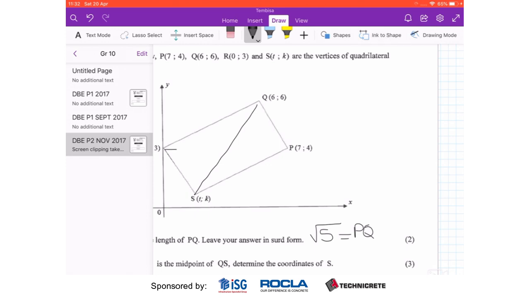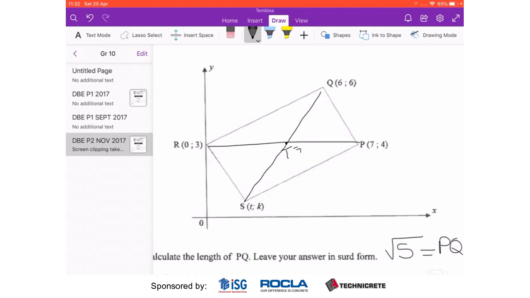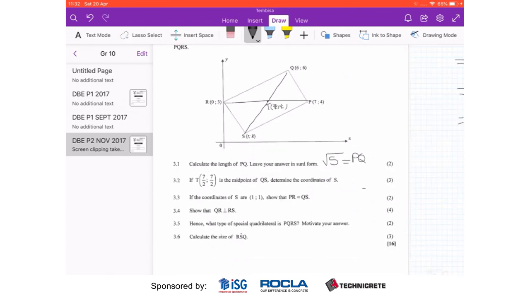So I've also got a line going this way, and it's going to be the midpoint of QS, and that is T. They're telling me that T is (7 over 2, 7 over 2). They want us to find the coordinates of S.